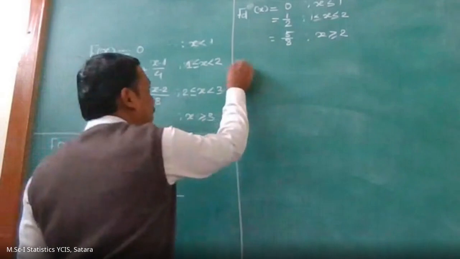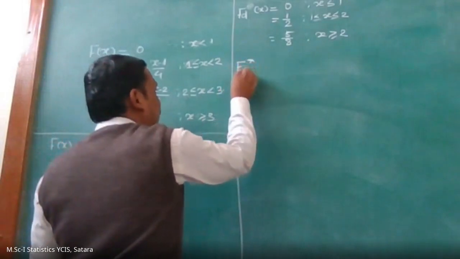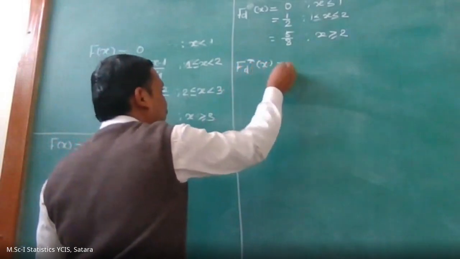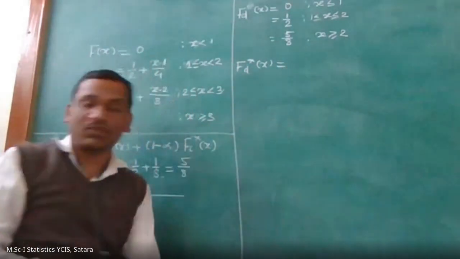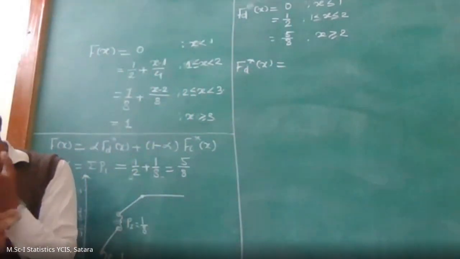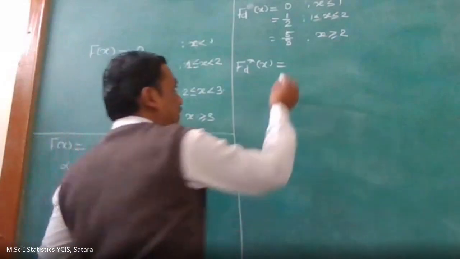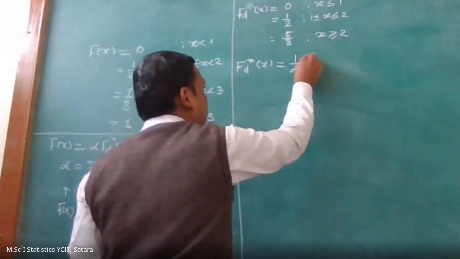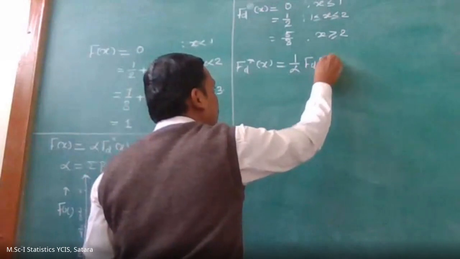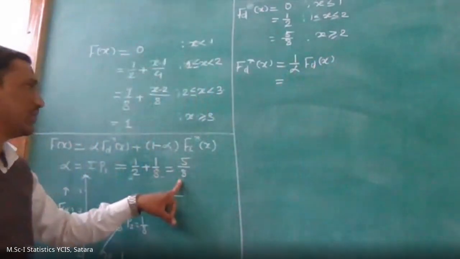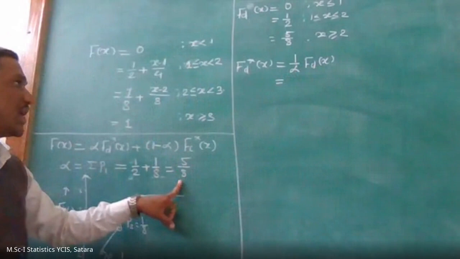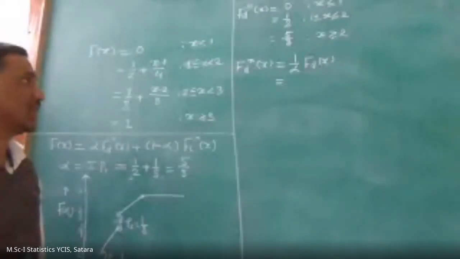Now fd star of x is equal to 1 upon alpha into fd of x. What is the value of alpha? Alpha is equal to 5 by 8. Therefore 1 upon alpha is nothing but 8 by 5.